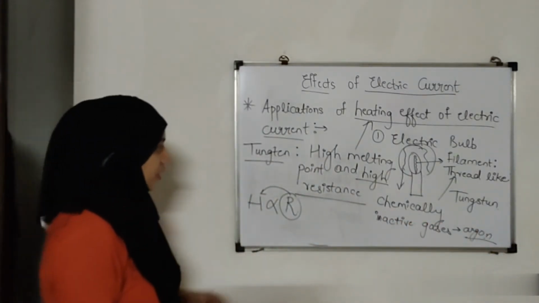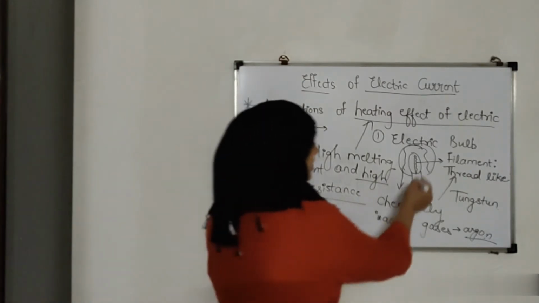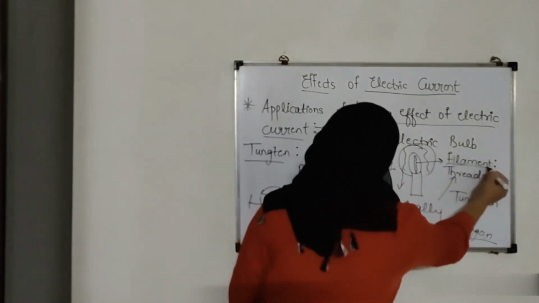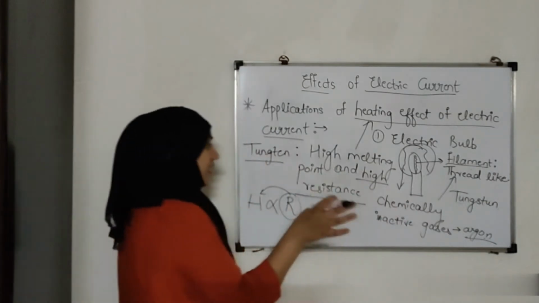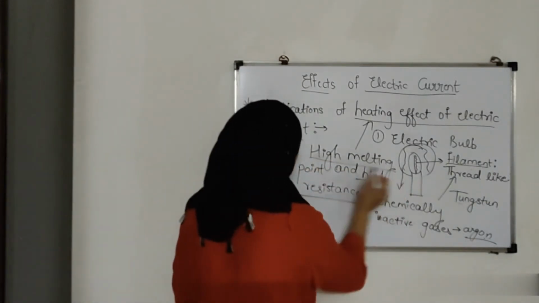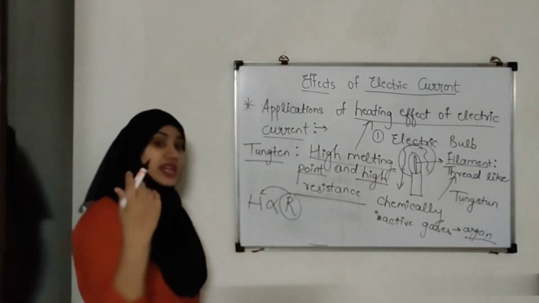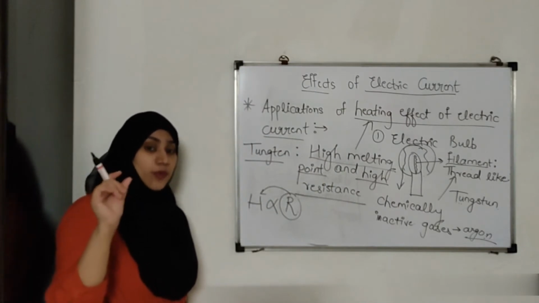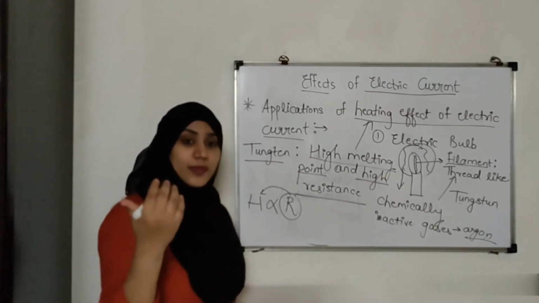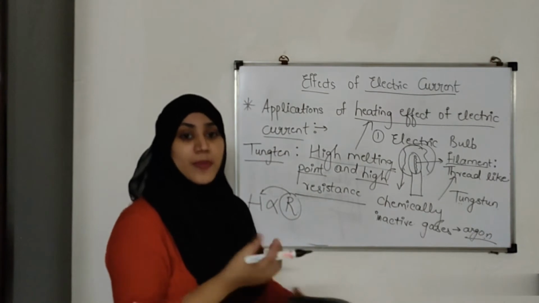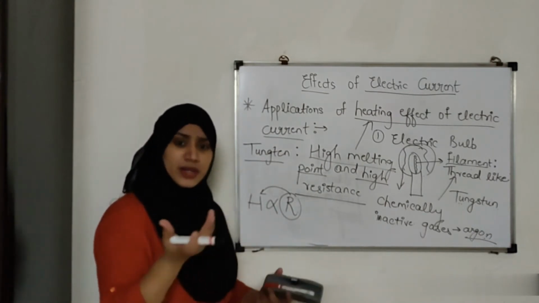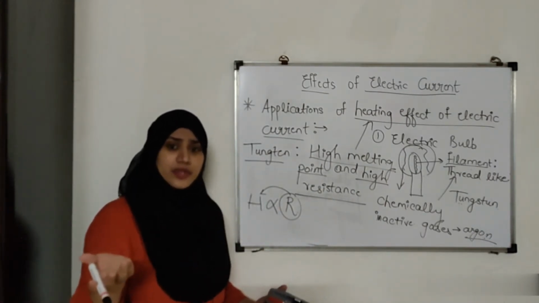So in an electric bulb, we mostly use tungsten to make our filaments. Why are we using tungsten? Because it has a very high melting point. If the melting point is low, it's going to melt fast and the bulb would get damaged.